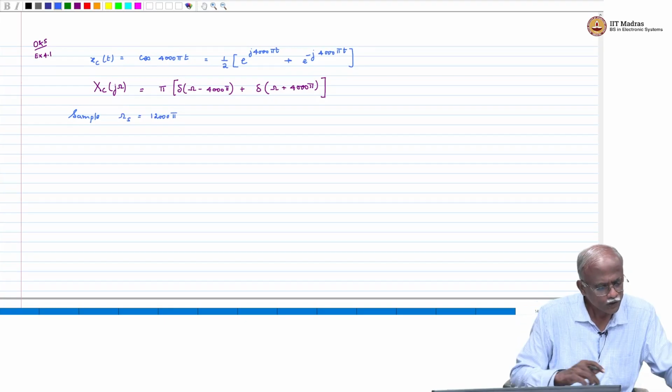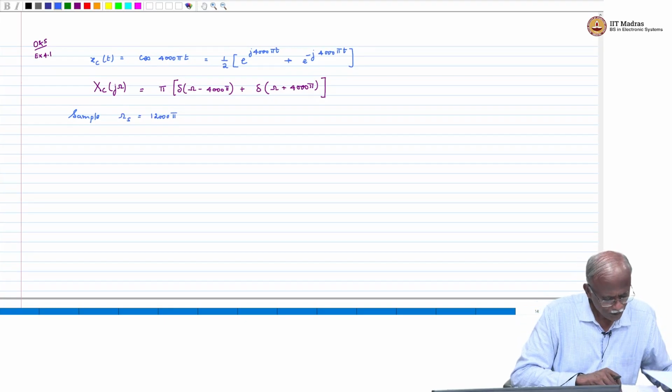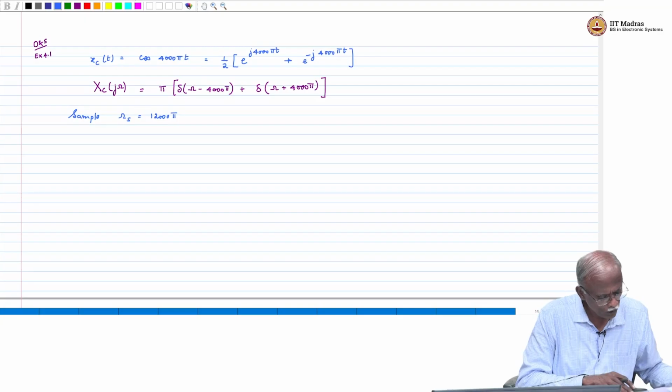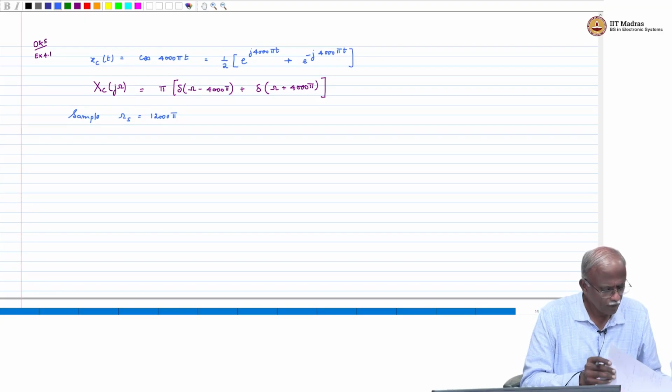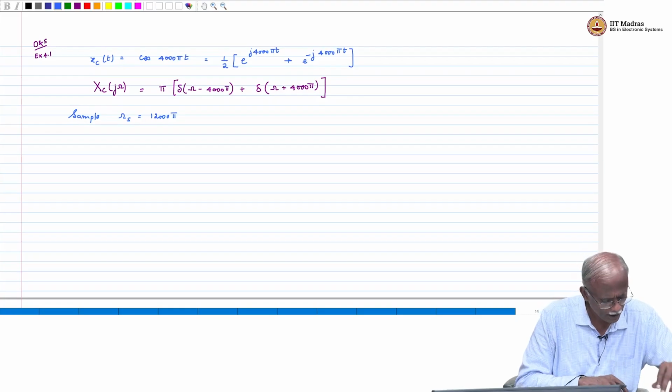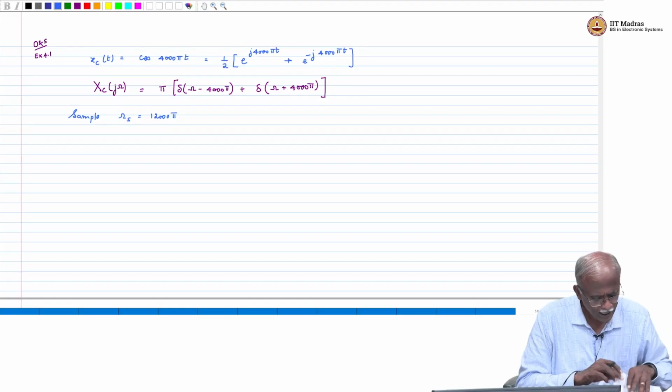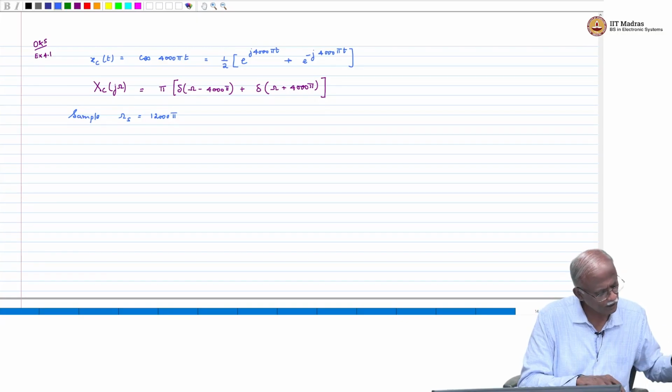Okay. So maybe we should take a closer look at the values and see what expression we are getting, so that we can appreciate what is going on with this particular example.